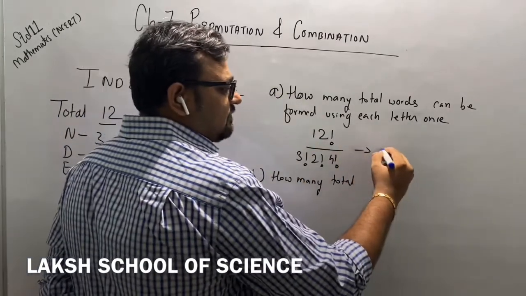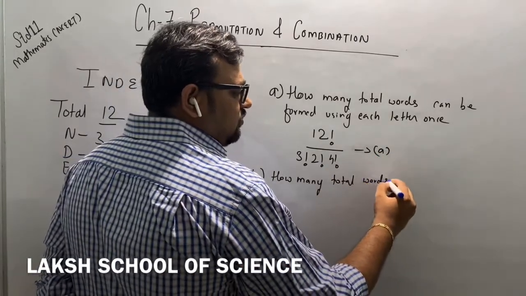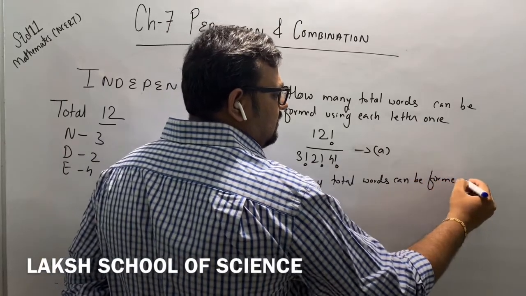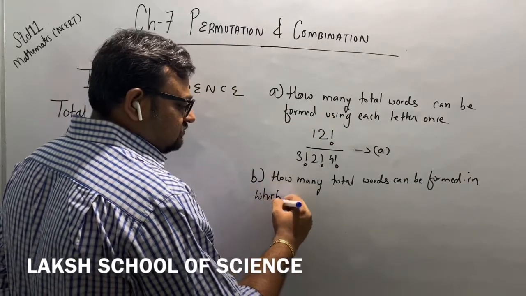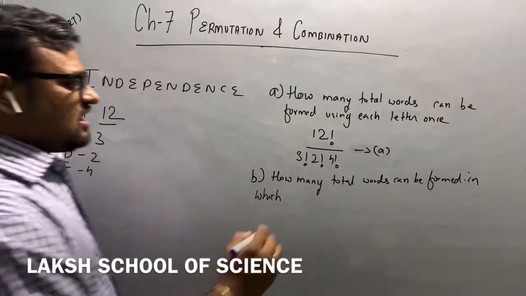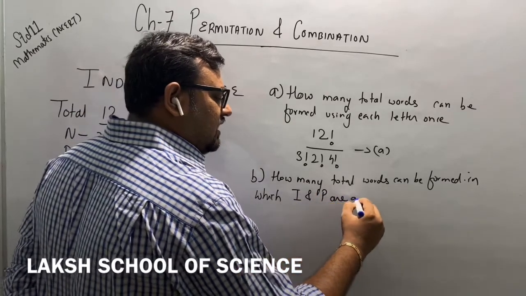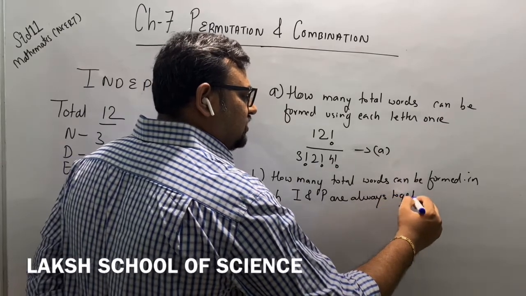Now second, how many total words can be formed in which I and P are always together?